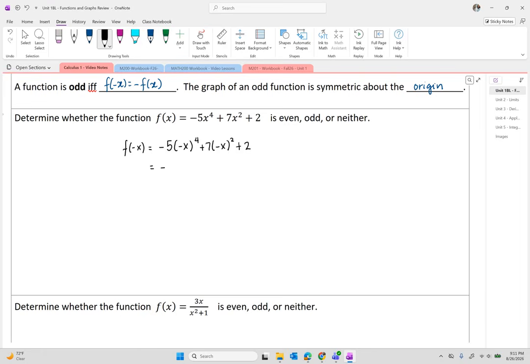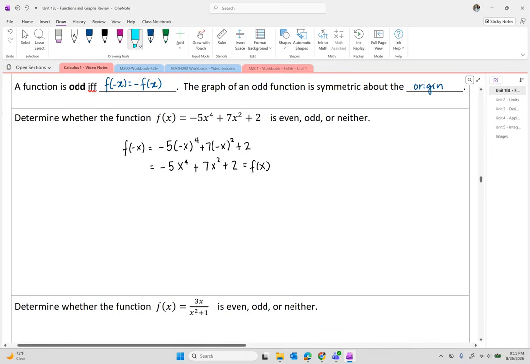Negative x to the fourth is equal to x to the fourth. Negative x squared is equal to x squared, plus 2. This happens to be f of x, and therefore our function is an even function because f of negative x equals f of x.